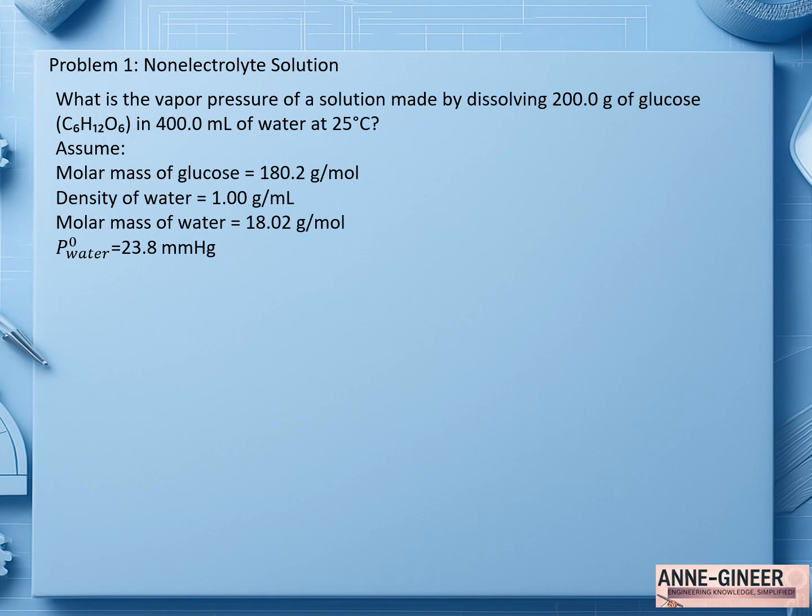First we have to convert the mass of glucose and water to moles. Let's divide 200 gram of glucose over 180.2 gram per mole. So we have 1.110 moles.